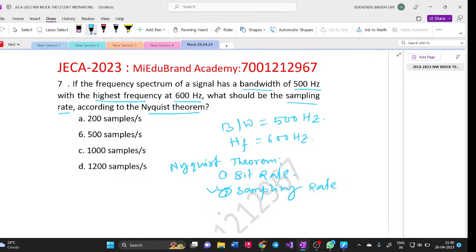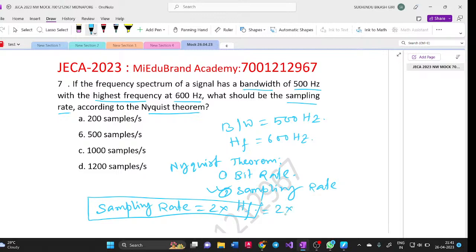According to Nyquist's theorem, the sampling rate is 2 times the highest frequency. This is the formula.